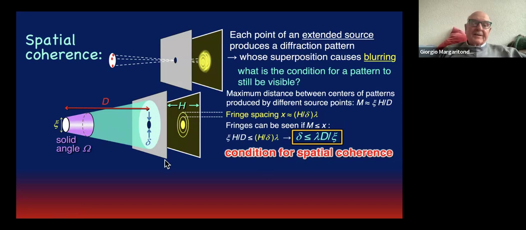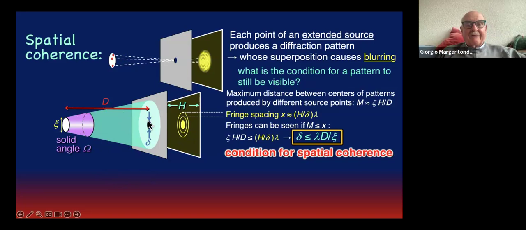Quite often, the same kind of concept is presented in a slightly different way, which is also very powerful, because what you can note is that not the entire emission is contributing to the diffraction pattern. So much of the emission is lost and cannot contribute to this wave-like phenomenon for the simple fact that it is not going through the pinhole.